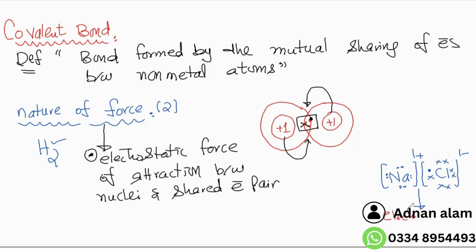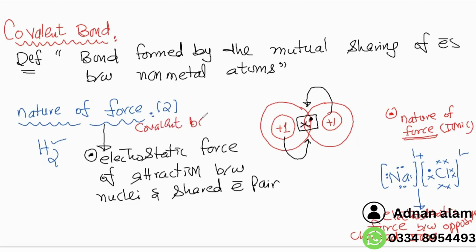This is also electrostatic force, but this one is between oppositely charged ions, and the one on the left is between nuclei and shared electron pair. So the nature of force is the same, electrostatic force, in both ionic and covalent bonds. But the particles between which this electrostatic force develops are different. This is the nature of force in ionic bond, and the one on the left is in covalent bond. Any confusion, beta?